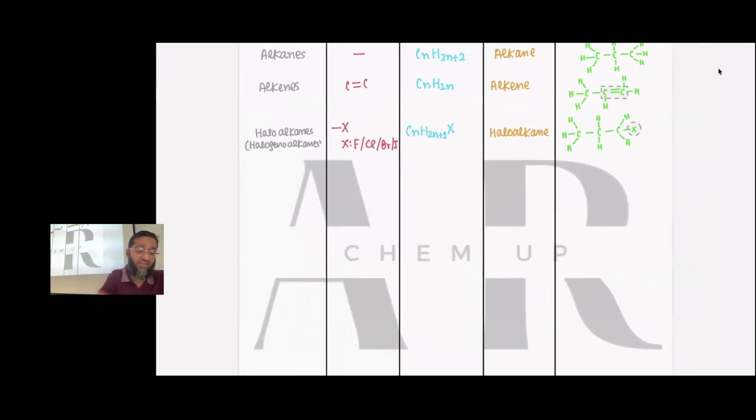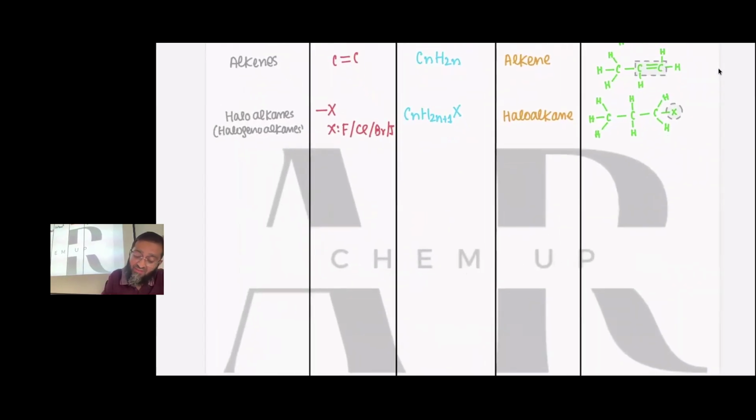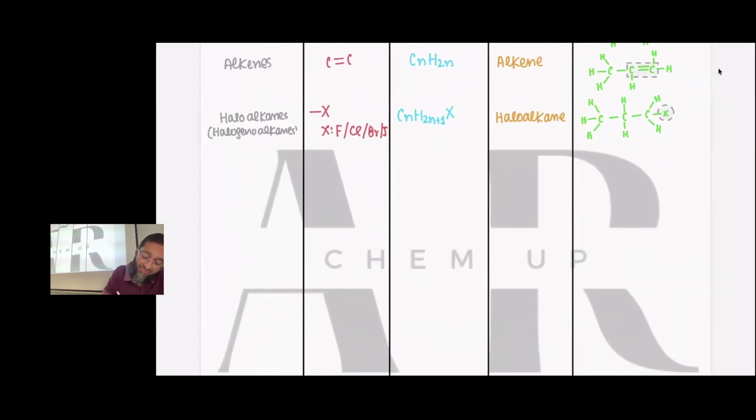Now after halogenoalkane, the next homologous series that we will be studying is, yes, Mariam, what will be the next homologous series? Yeah, alcohols. Yeah, we can write anyone.